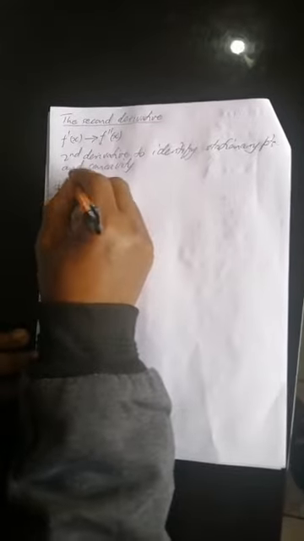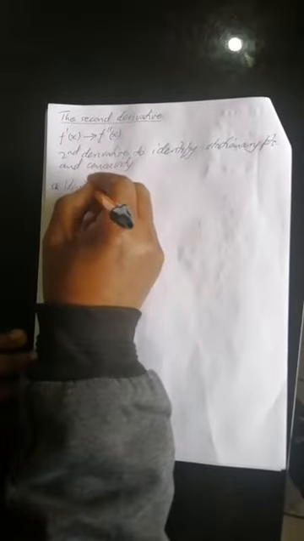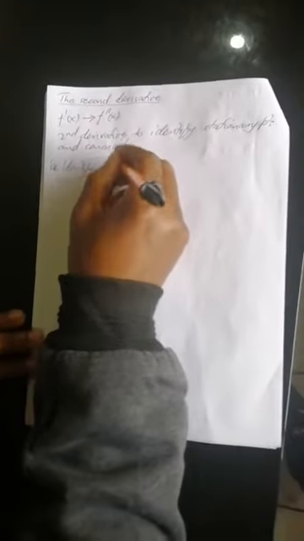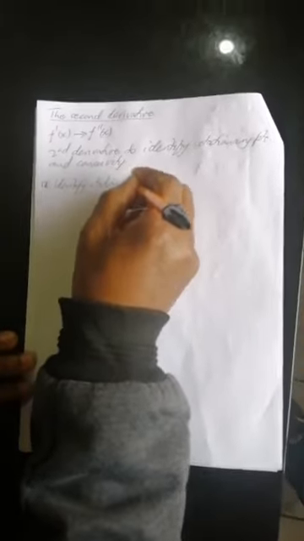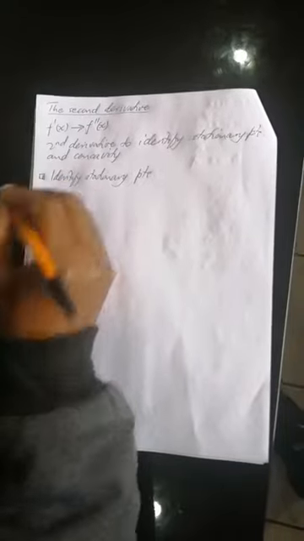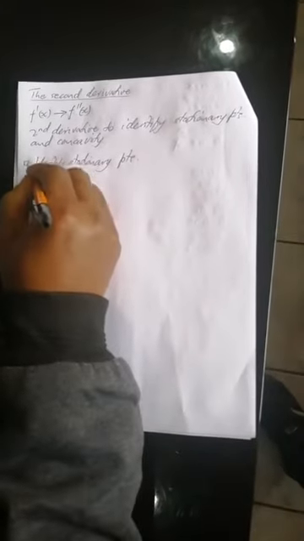We want to identify stationary points. In other words, how do we identify stationary points? We can classify and identify stationary points by doing the following steps.